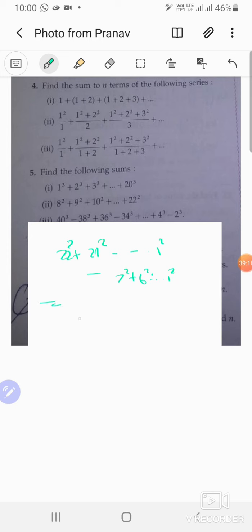So the first part is 22 into 22 plus 1 is 23, and 22 doubled is 44 plus 1 is 45, upon 6, minus 7 plus 1 is 8, 7 doubled is 14 plus 1 is 15, upon 6.